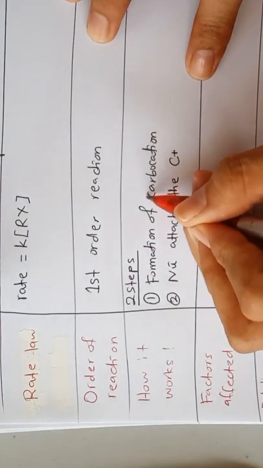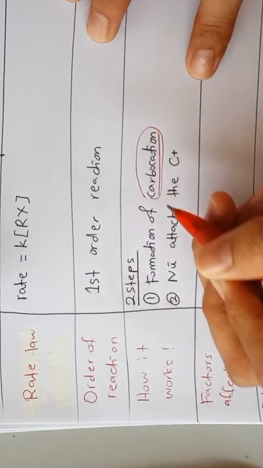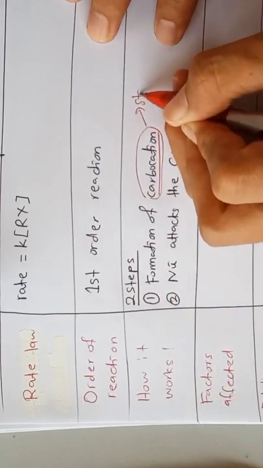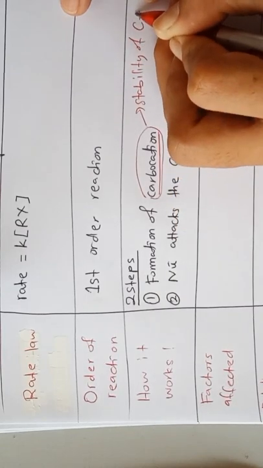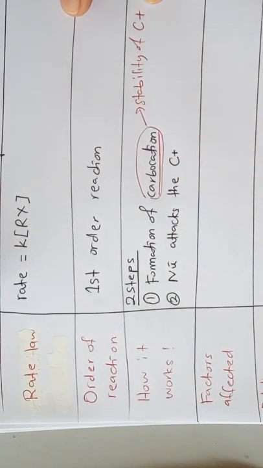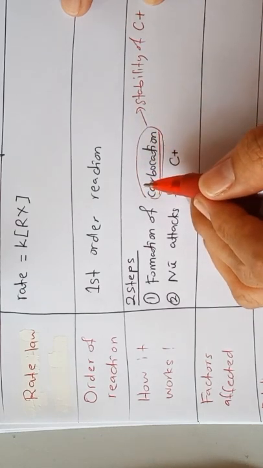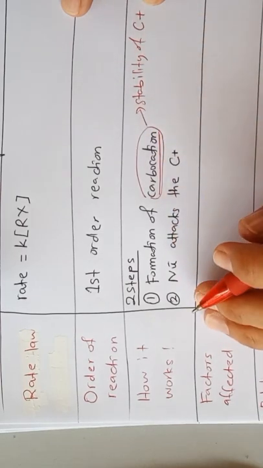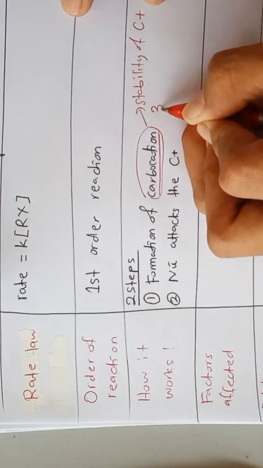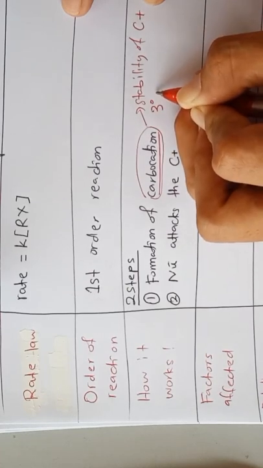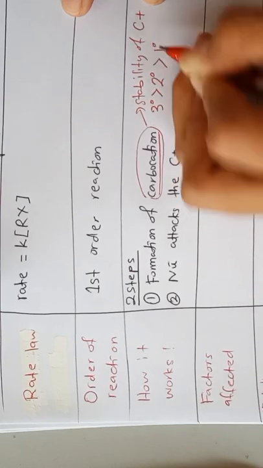And when we talk about the carbocation ion, you should know about the stability of carbocation ion. When we talk about the formation of carbocation ion, we should relate to its stability. So which one is the most stable carbocation ion? We already know that the tertiary carbocation ion is more stable than the secondary carbocation ion and the primary carbocation ion.